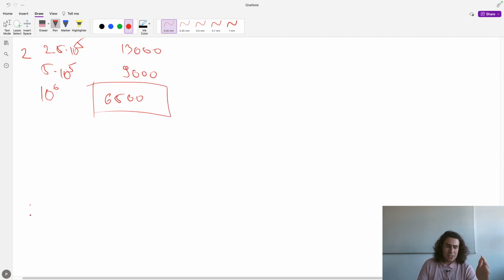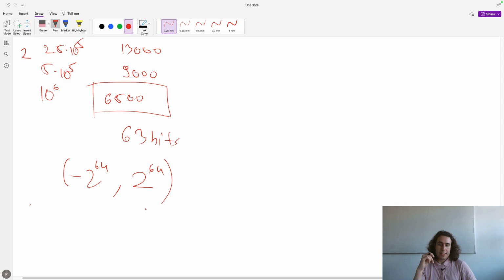If we're using long doubles, which are implementation dependent, on modern computers they have 63 bits of significand, so we can represent values from -2 to the 64 to 2 to the 64 inside a long double. Precisely. So that's an interesting thing, that a long double can store more integers than a long.